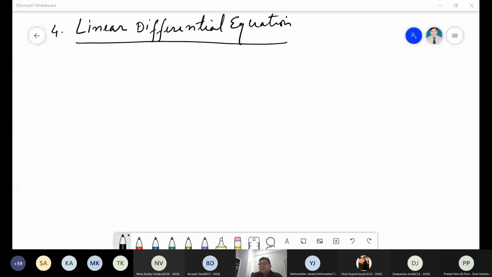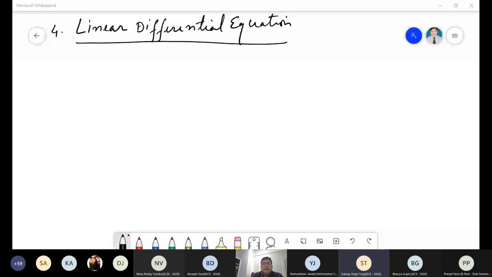Yes, sir. dy by dx plus y into any function of x is equal to a function of x. No, I'm asking what is the linear differential equation? What actually is the definition? You are saying this is the linear form of differential equation.